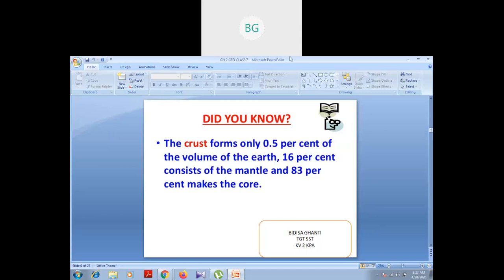So the crust forms only 0.5% of the total volume of the Earth. Maximum is covered by the core, that is 83%, 16% by the mantle, and only 0.5% by the crust.